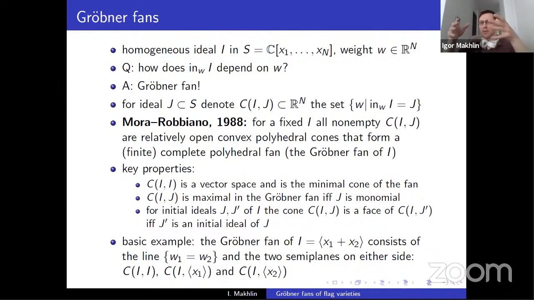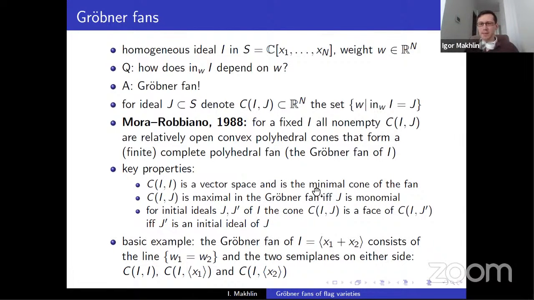I will make this precise in a moment, but the idea is that the more degenerate the ideal, the fewer monomials you have retained from every polynomial, the larger the corresponding cone. So the largest cones in our fan correspond to the most degenerate ideals, and those are the monomial ideals.